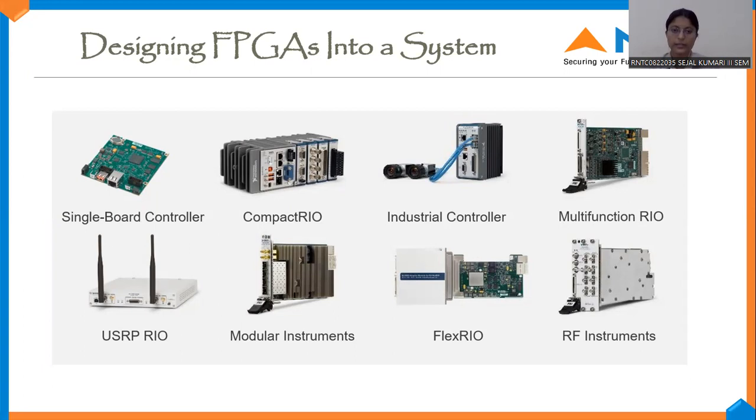So that is their main propaganda. National Instruments offers an entire family of FPGA-enabled devices, both packaged and board level, for our programming needs. Some of them are displayed on the screen: the single board controllers, industrial controllers, modular instruments, and RF instruments. And there are many more.